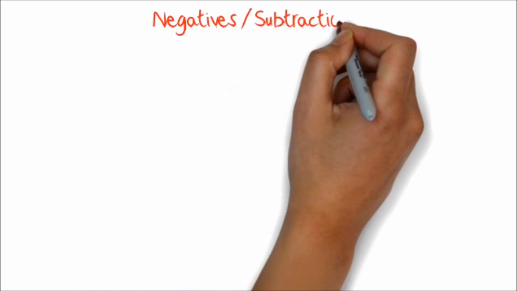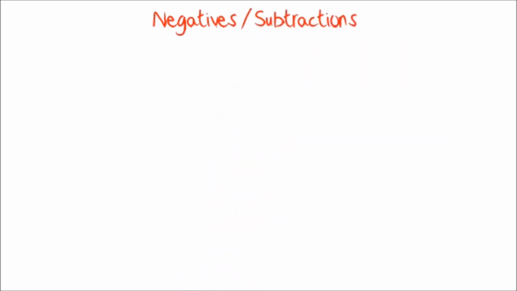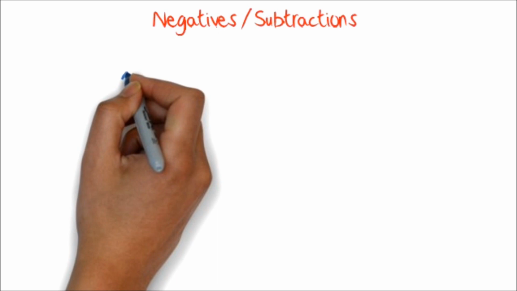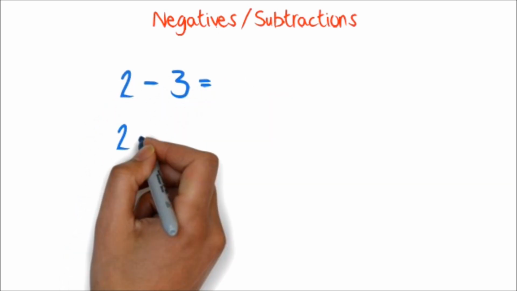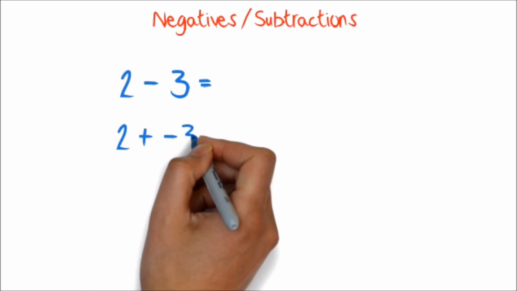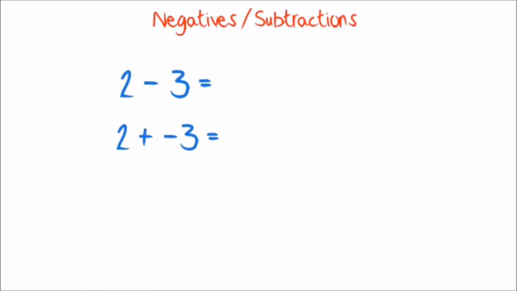Negatives or subtraction. For most people, the problem starts when we begin to deal with negatives. So let's try this. What is 2 minus 3? What is 2 plus negative 3?